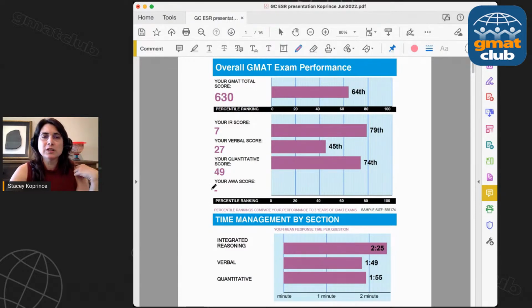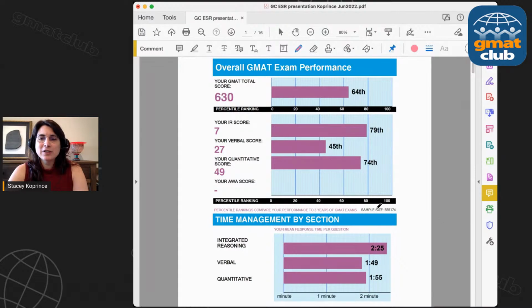If you wait to purchase it until after they've scored your essay, then you will have this score on here as well. And the other thing this first page shows is just your average time per section. This is usually pretty uniform for people unless you ran out of time and didn't finish the test in some way. But even then, the average time across the section still pretty much works out. So there's not super useful information down here.